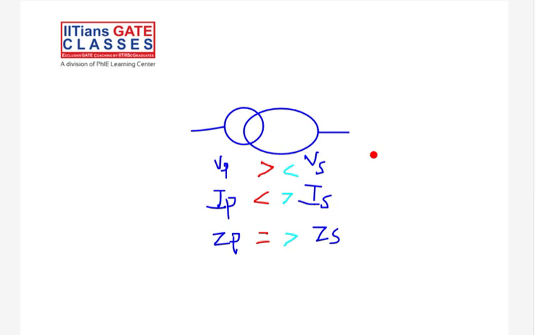Actually, technically speaking, it is neither, to be honest. The problem comes over here: S_P is not equal to S_S. It also depends on the construction, whether primary or secondary has higher impedance.